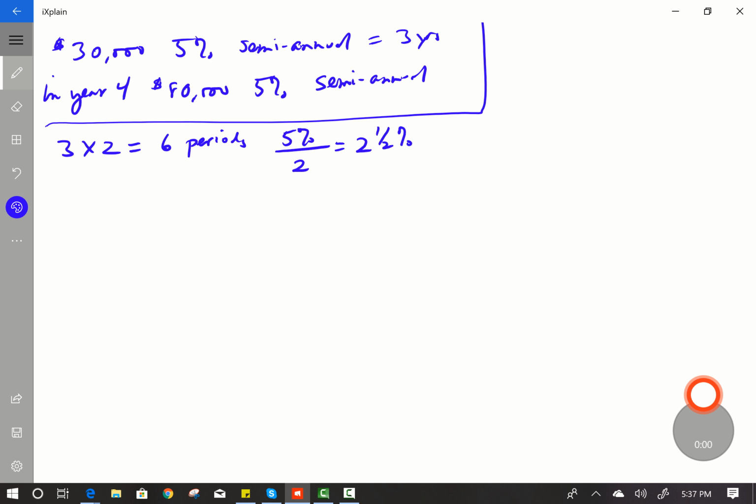So on a future value table, to find out what the value would be at the end of that 3-year period, I'm going to find the corresponding factor of 6 periods and 2.5%.